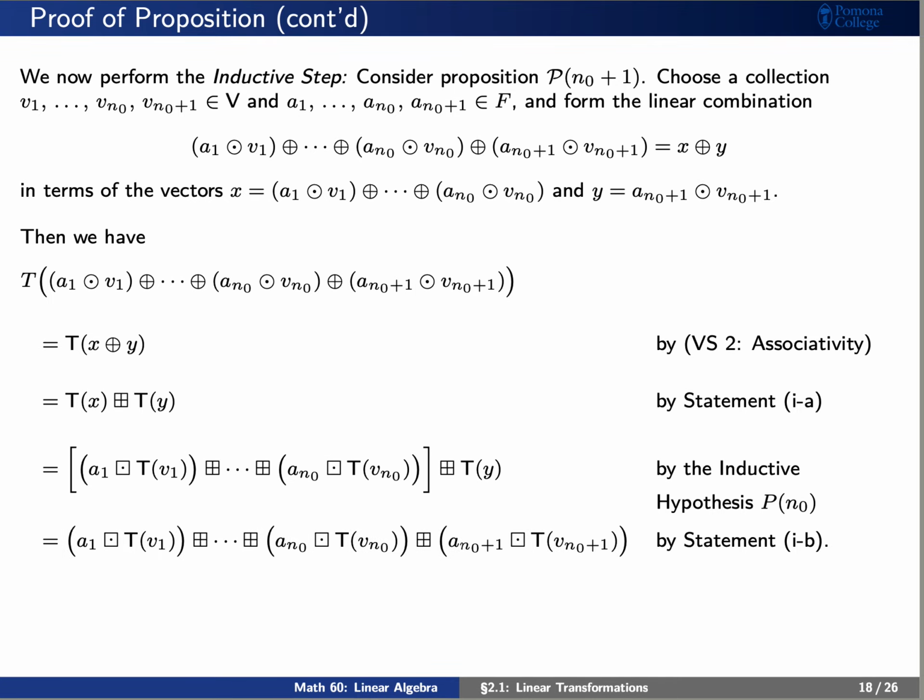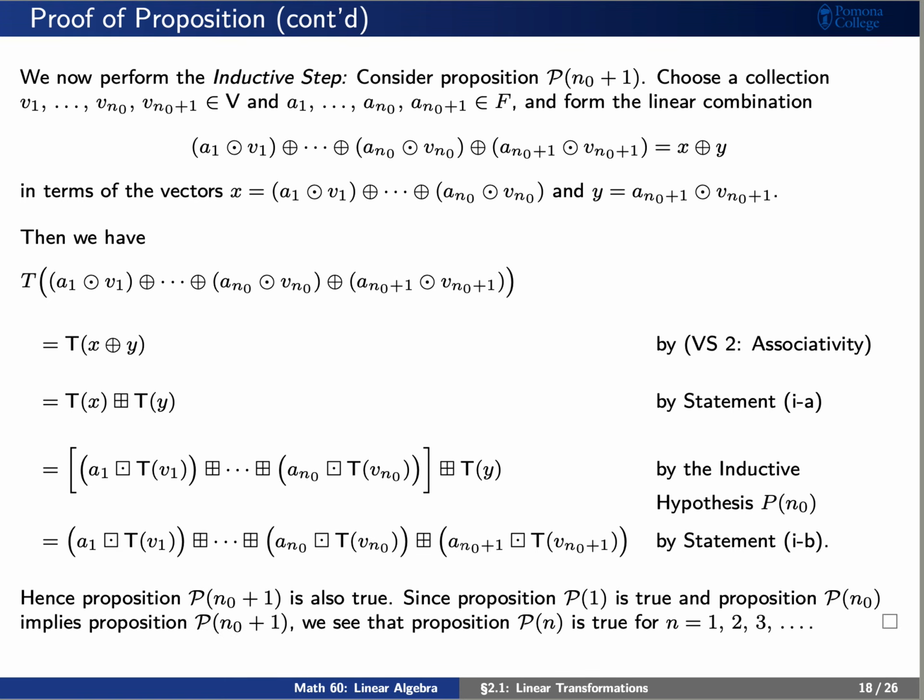Now we use the fact that we can simply move around our parentheses a little bit to see that this really is just the sum, which is a linear combination, as we desire. Hence, proposition P of n0 plus 1 must also be true. But this means that our proposition P of n must be true for all positive integers n.